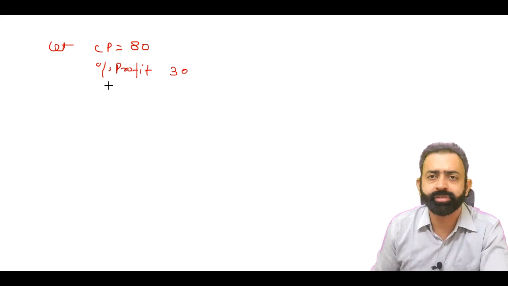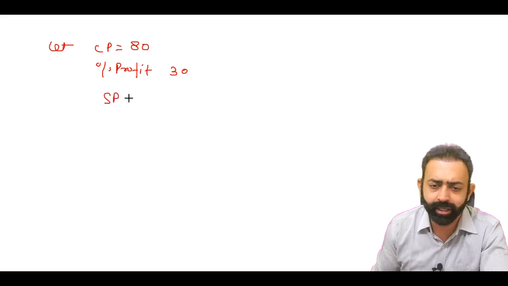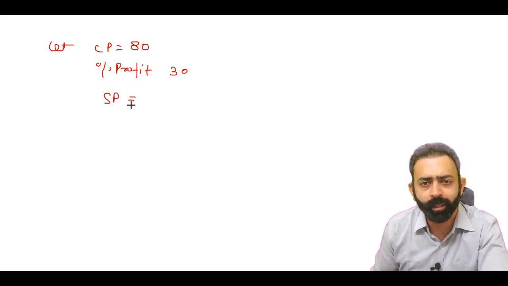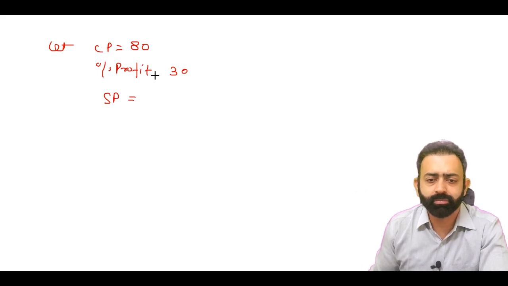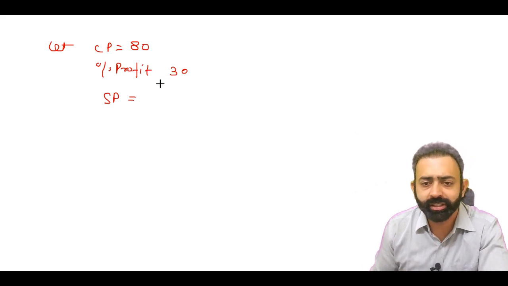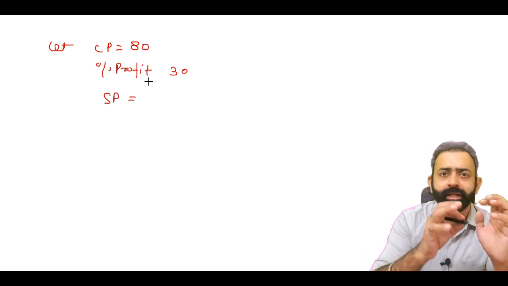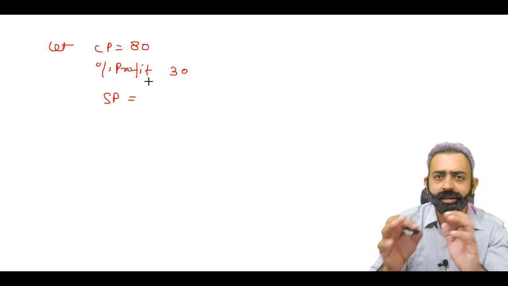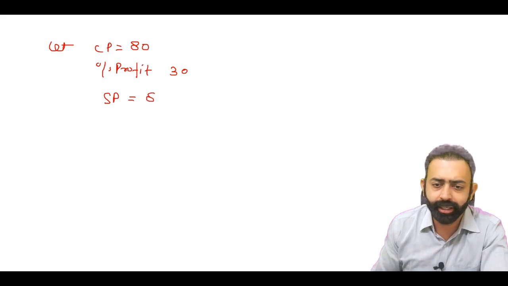Now let the cost price be 80, and the percentage profit 30%. It is difficult to find 30% of 80, as that will come in fraction, but I am again interested in finding the selling price, the final value. So you find 80 plus 30% of 80, taking 80 as a common factor.